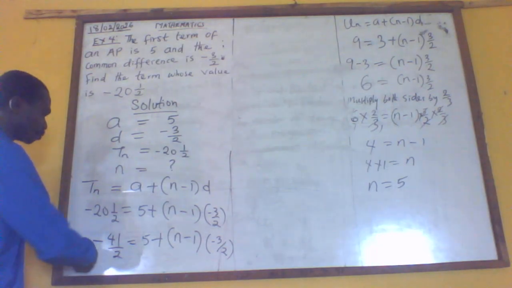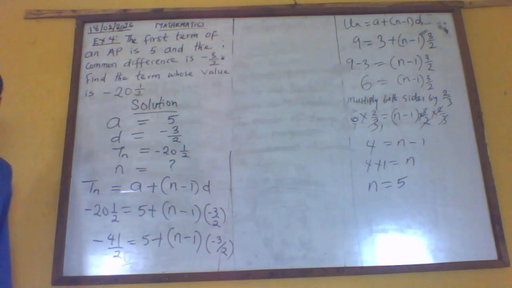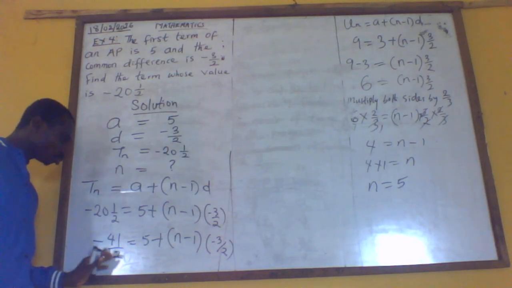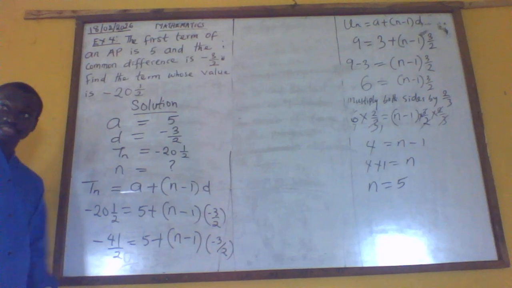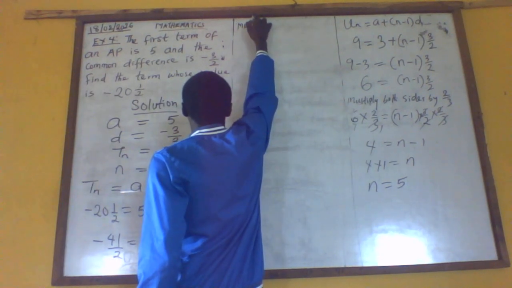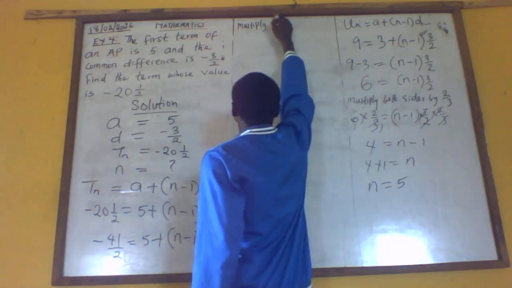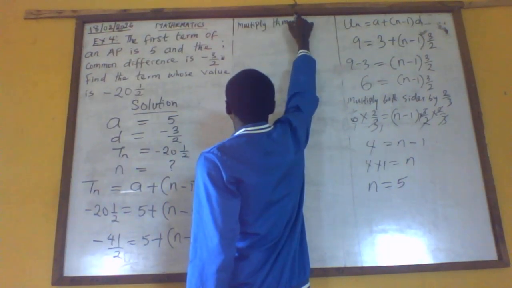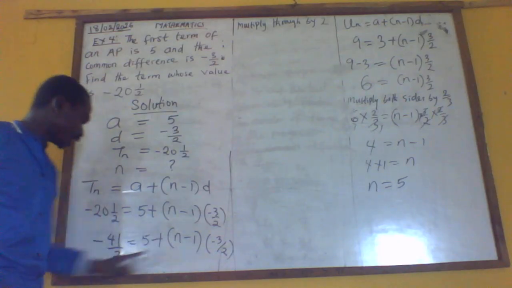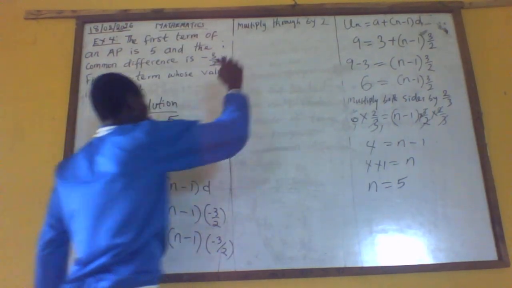Let me multiply all through by 2 to erase the fractions. Do you get it now? Because I have 2 here and 2 here, I will have something like this.